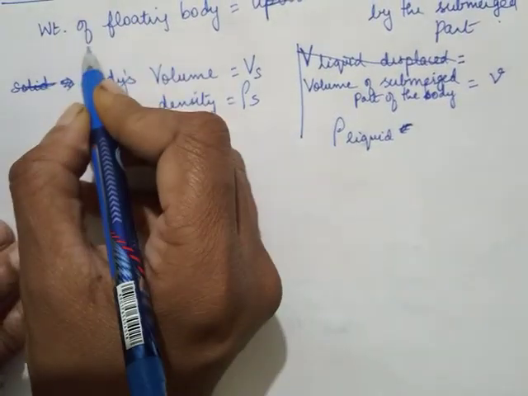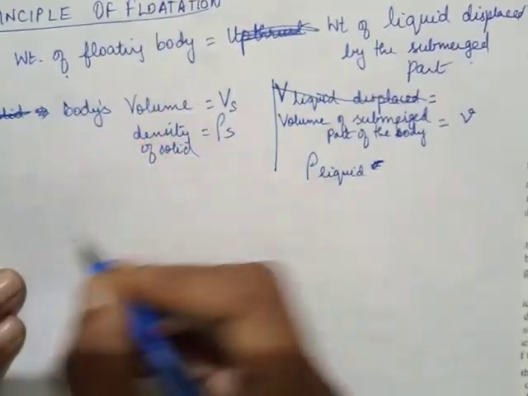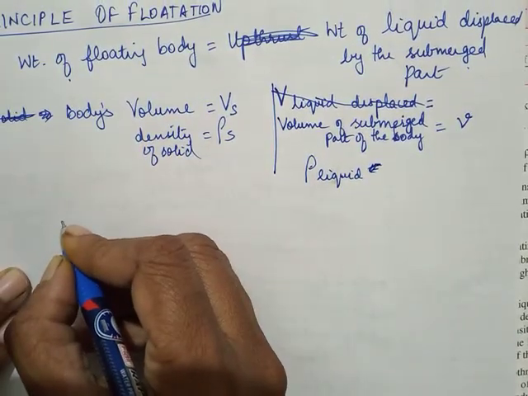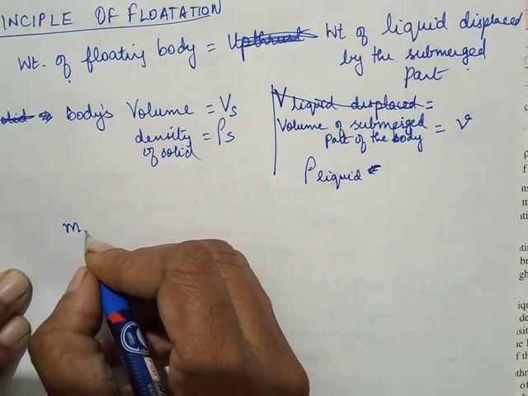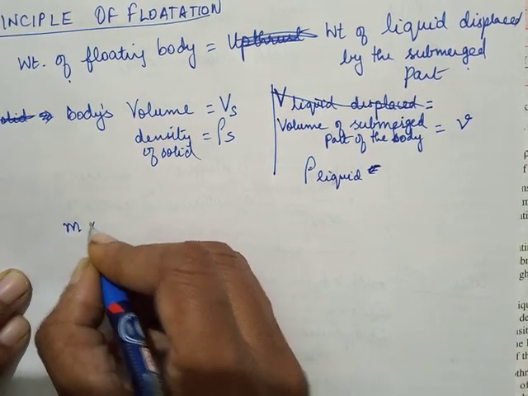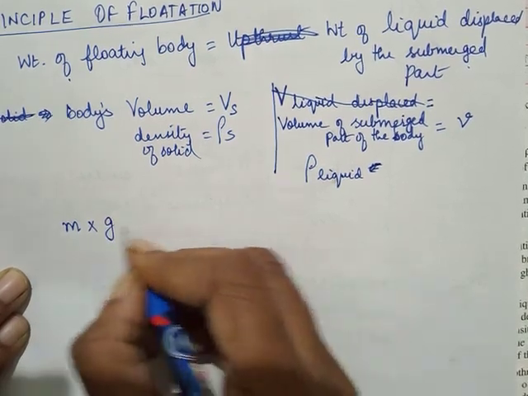Now, you know that the weight of a floating body is m into g. Mass of the floating body into acceleration due to gravity.